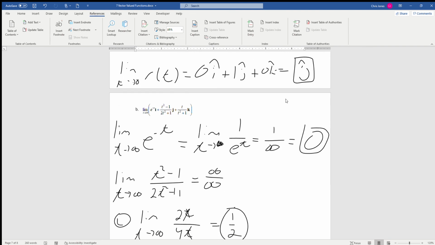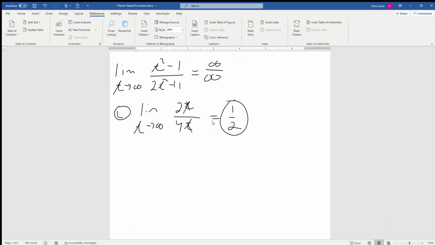And then finally, we have this t over t squared plus 1. Again, if we try to approach infinity, we get infinity over infinity. And that means we can use L'Hopital's rule.